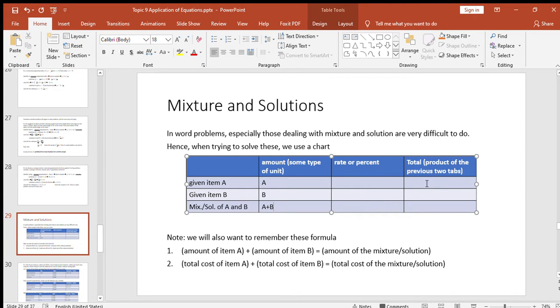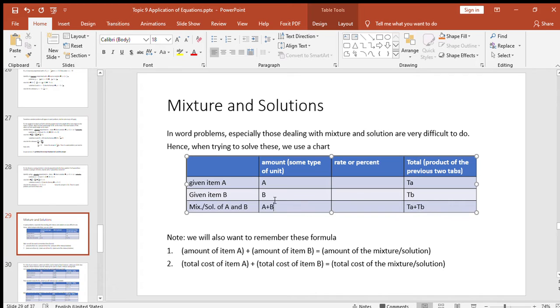And then we have a total, TA and TB. The total cost in the mixture will be TA plus TB. So to get the amount in the mixture, you add A and B. To get the total in the mixture or solution, you add the total of A and the total of B.